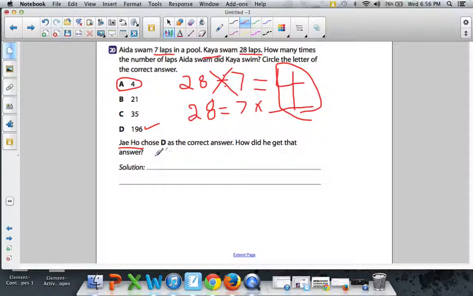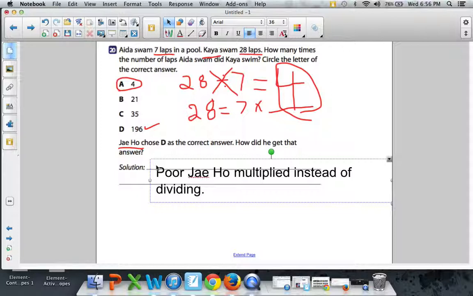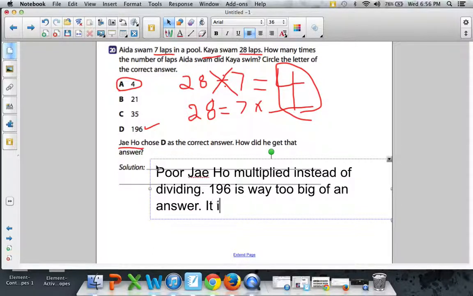So, how did he get that answer? I'm going to tell you right now with some words. Poor Jeho. Multiplied instead of dividing. 196 is way too big of an answer. It isn't even close!